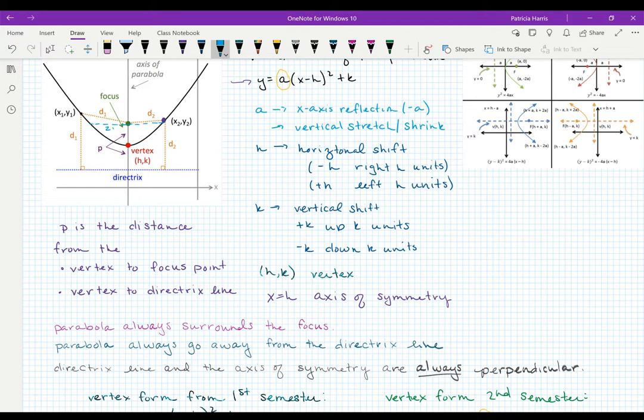This is 2 times p, 2 times p. So the width of the parabola we say is 4 times p.